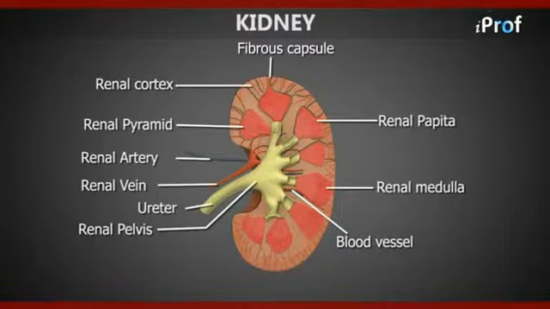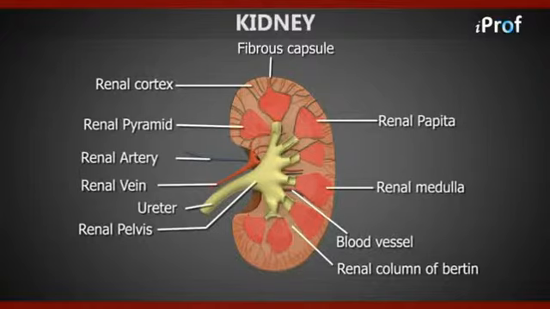In the medulla region, cortex part is entered, and this region is called renal columns of Bertin. So that is the internal structures of the kidney.